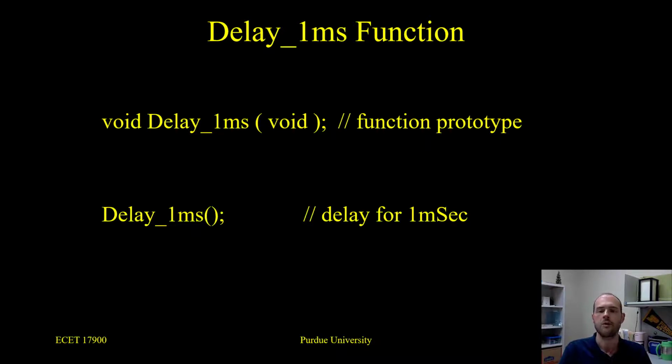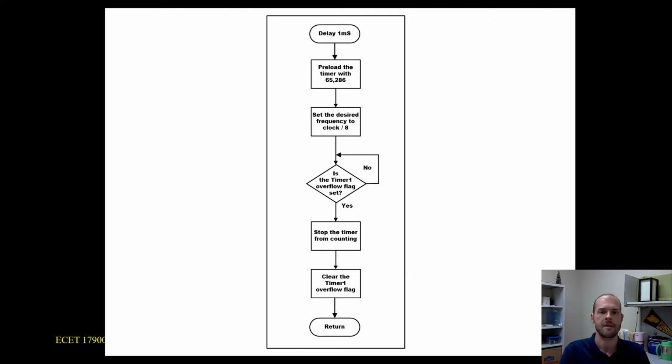That's the type that you will be returning. If you're not returning any value, void is appropriate. If you are returning something, it may be an int, for example. And then in the brackets, that type is the type of the argument. So if there are no arguments being sent to that function, for example, our delay_1ms has no arguments, it just sets up the timer and does a 1 millisecond delay, the arguments are void in this case.